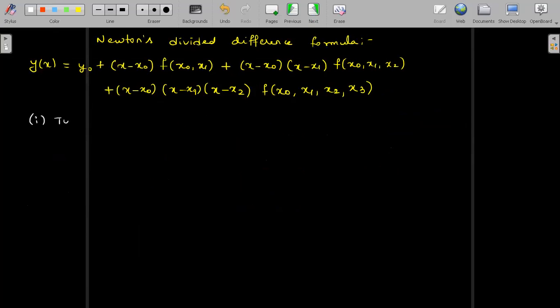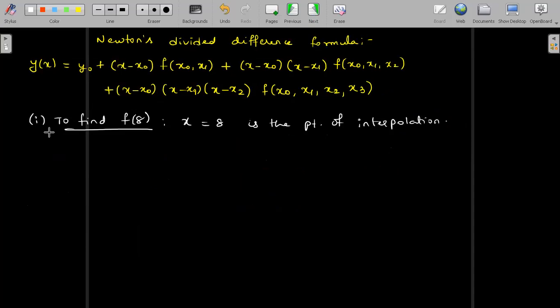So in the first case, our aim is to find f of 8. So x is equal to 8 is the point of interpolation. Let us substitute x is equal to 8 in the formula and obtain y of 8 or f of 8.